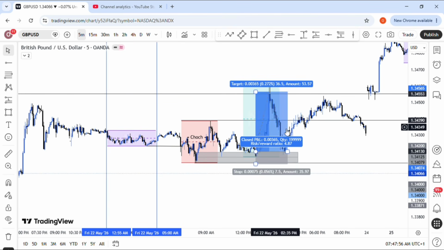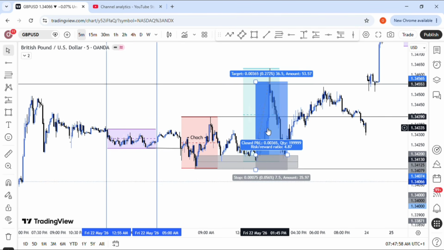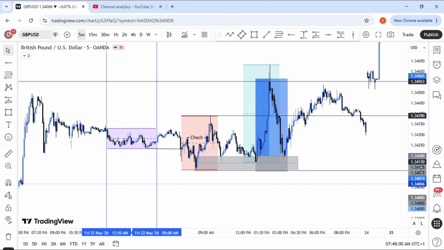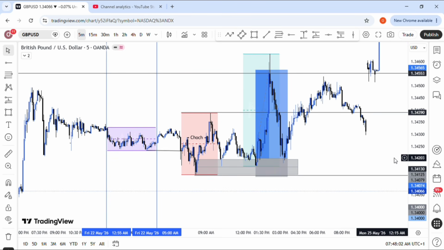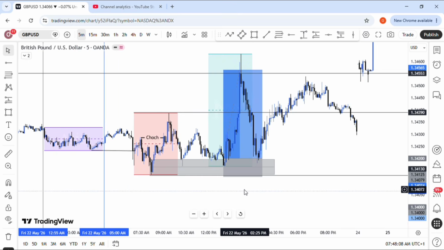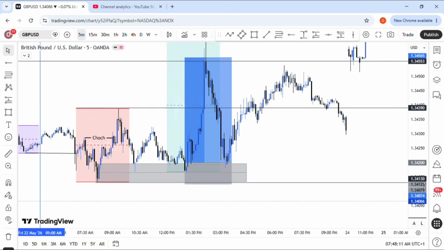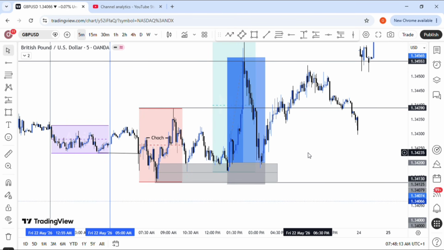Now, this is a clear 1:4 risk to reward ratio. You can catch setups like this on a daily basis from different pairs, and you are still going to be profitable at the end of the month. Remember, this was our range, this was our London, and this was the movement, the change of character or liquidity sweep.